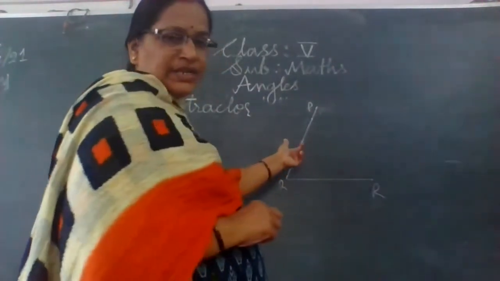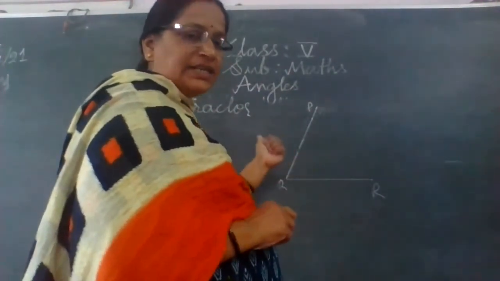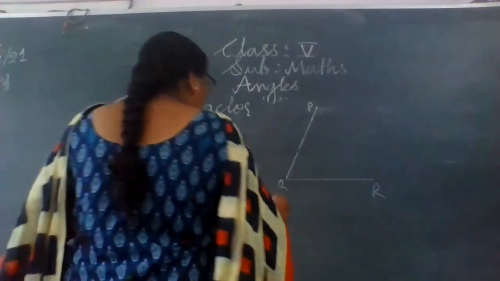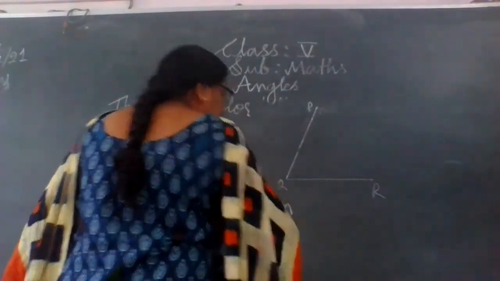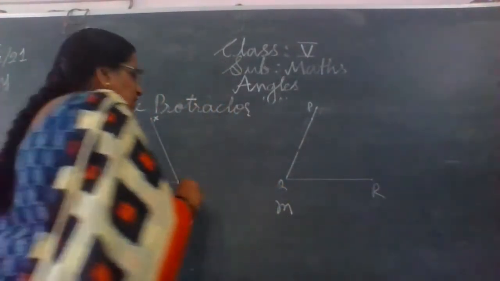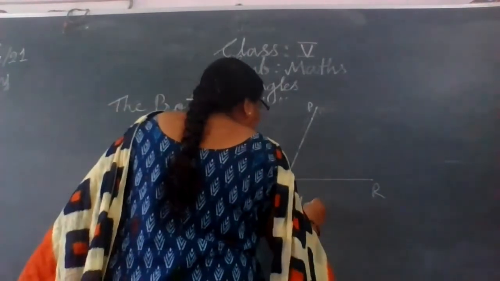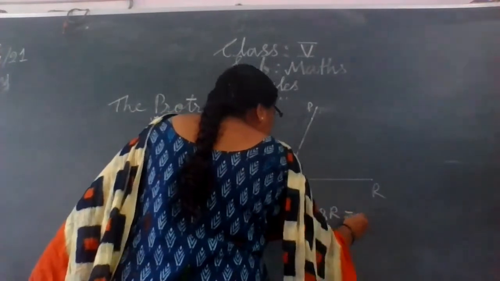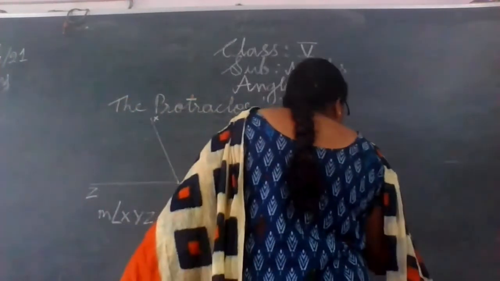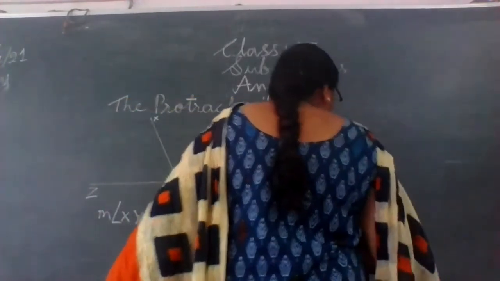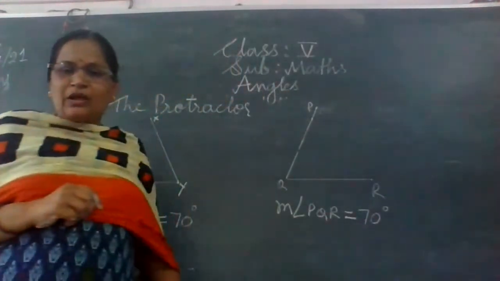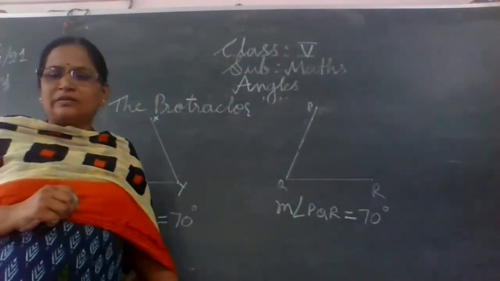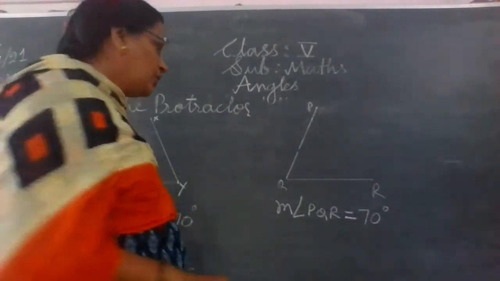So how many degrees does it have? It is 65 degrees. So how will you write it? Again, M. M means measure. Measure of angle PQR is equal to 65 degrees. Got it? Okay.